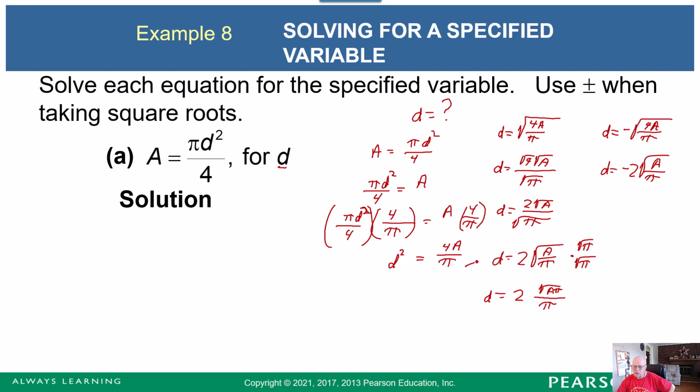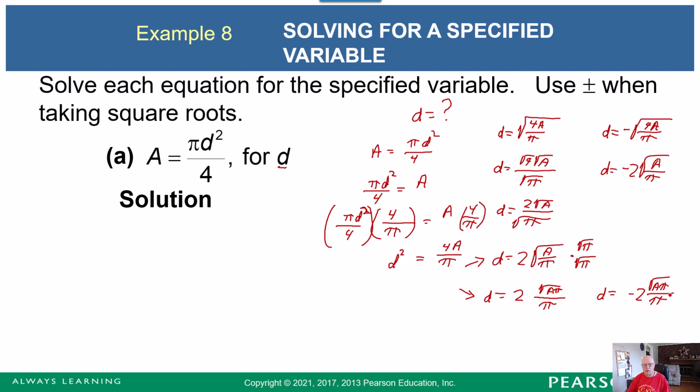If you write this one, I'm going to say that's fine. If you write this one, that's going to be fine as well. And if you want to be complete here, the other one will be the same thing except a minus sign out front. There you go.